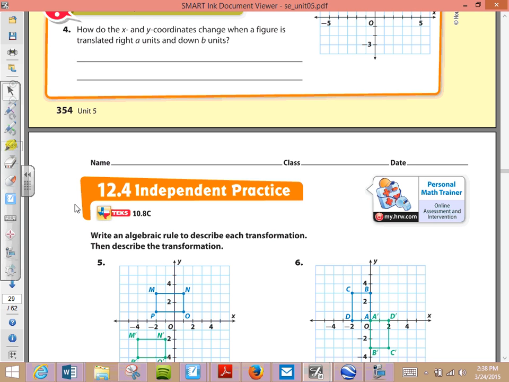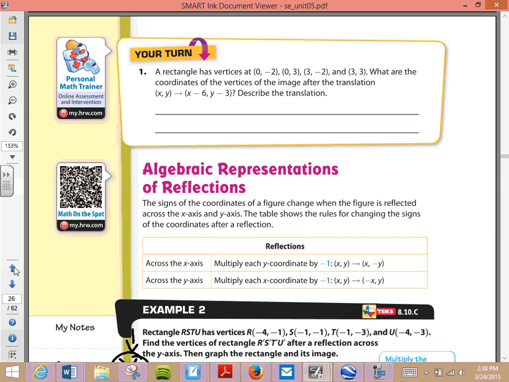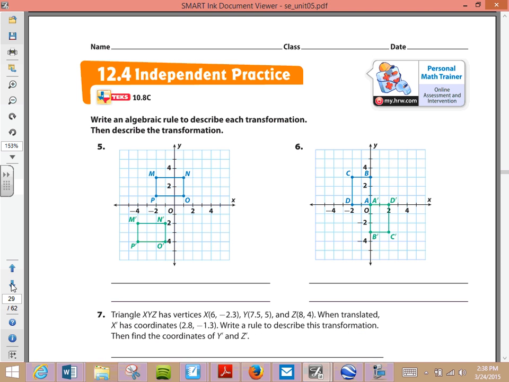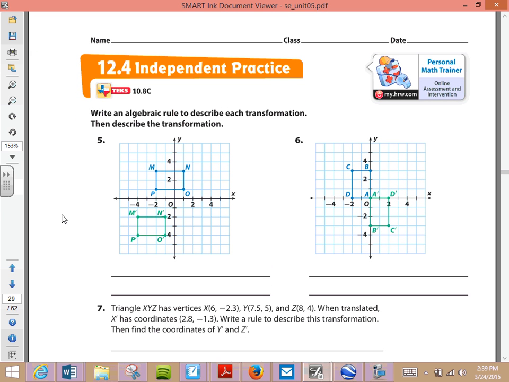Your turn on page 352 and 353. And then page 355, the whole front page is going to be your homework.